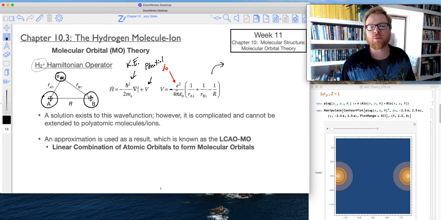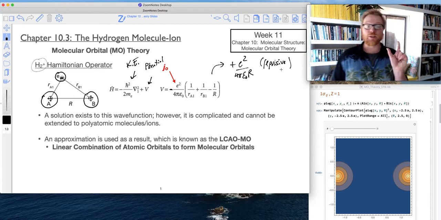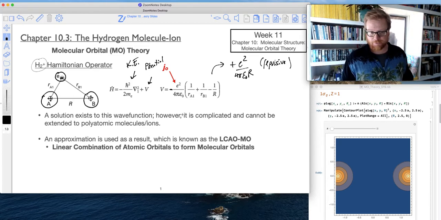So when I distribute that through, I've got a negative and a negative sign. I'm going to get a positive e squared over 4 pi epsilon naught over big R, which you can see right there. And that is the repulsive term between the two positively charged nuclei, okay?